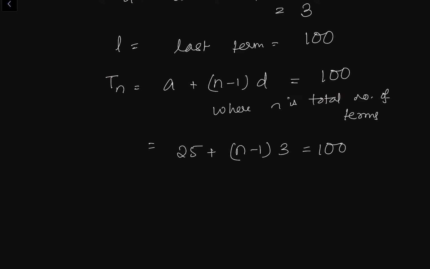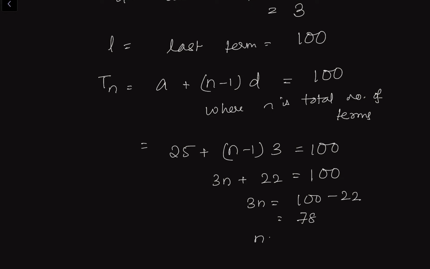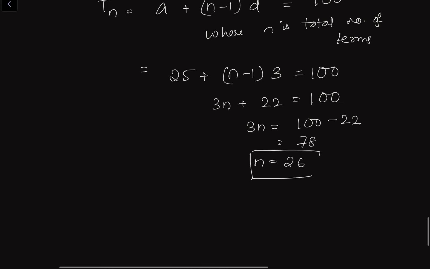If you calculate it, it is 3n plus 22, because 25 minus 3 is 22, I have just opened the brackets, equal to 100. So 3n is equal to 100 minus 22, which is 78, and then n is 26. So the total number of terms here is 26.